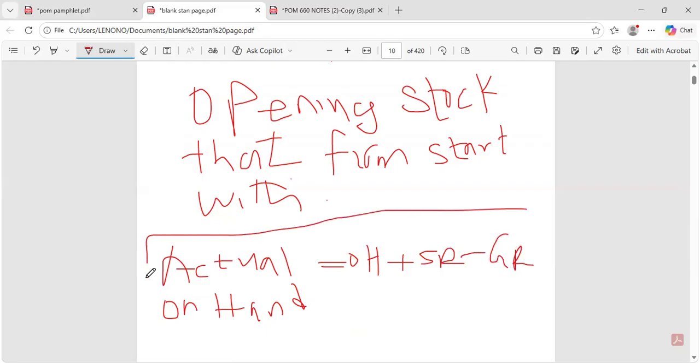This is how you find the actual on hand. On hand plus scheduled receipts minus the GR. GR is the gross requirements. Okay, I'm sure we are together here.